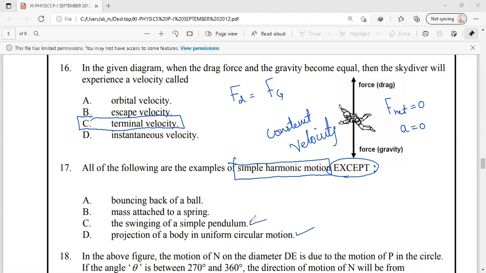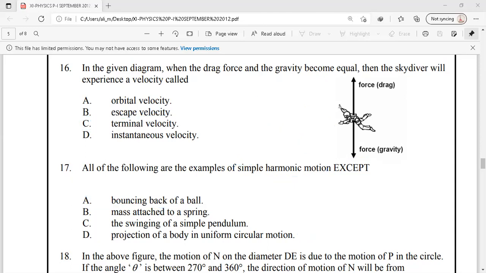The swinging of a simple pendulum and a mass attached to a spring are motions that we have already studied in our course that possess simple harmonic motion. Option A, the bouncing of a ball from a wall or from the ground, does not meet all the characteristics of simple harmonic motion. Option A is our right answer.